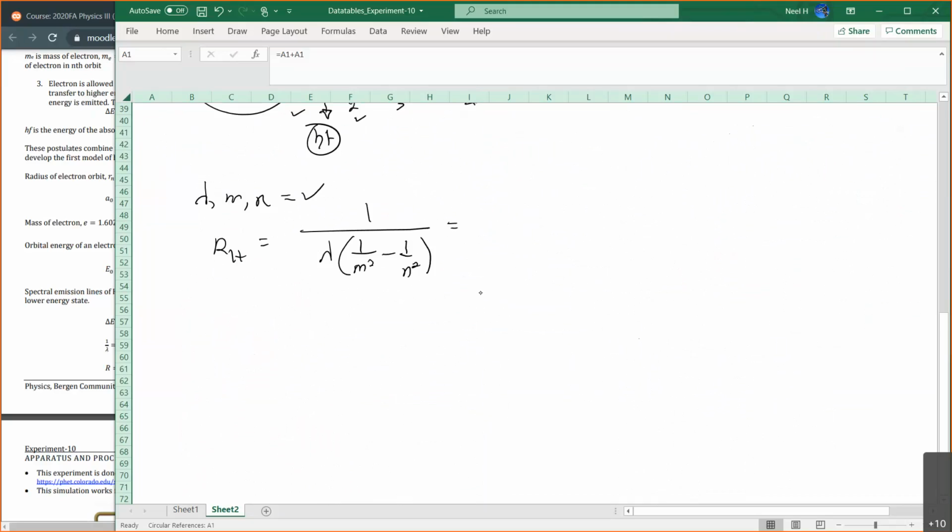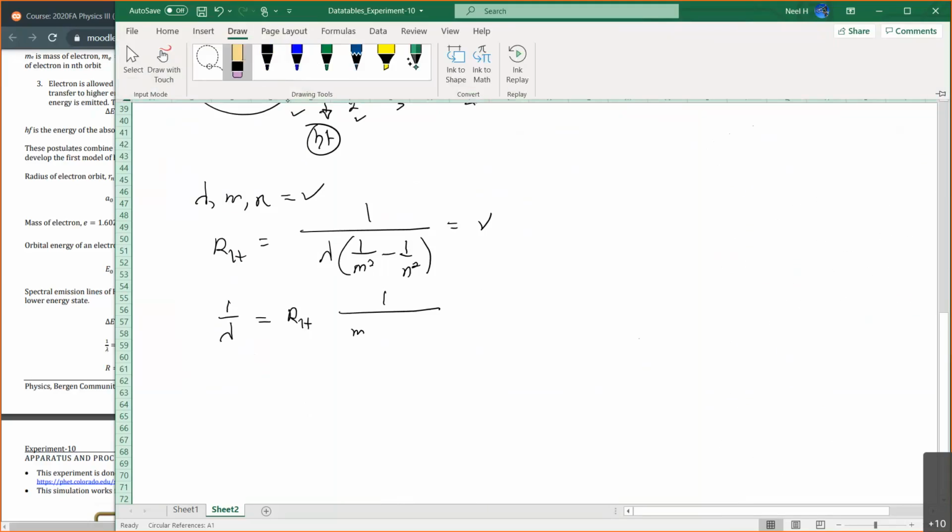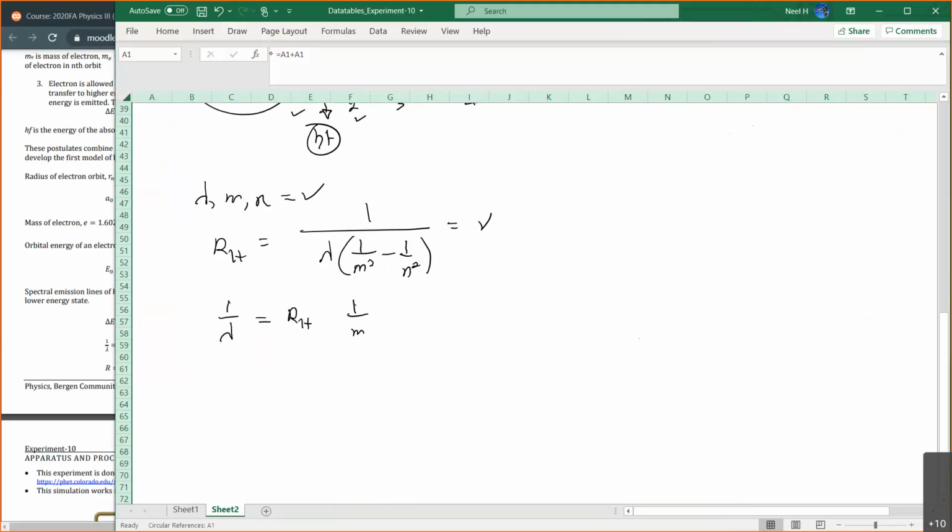We can calculate those numbers. And also, if you take a look, the equation actually looks like this: 1 over lambda equals RH times the parentheses of 1 over m square minus 1 over n square.